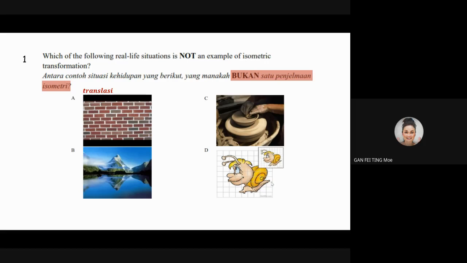So that is under translation. And B, you can see in the diagram the mountain is being reflected onto the water surface. Then this is under reflection. And C is rotation. Then D is enlargement.